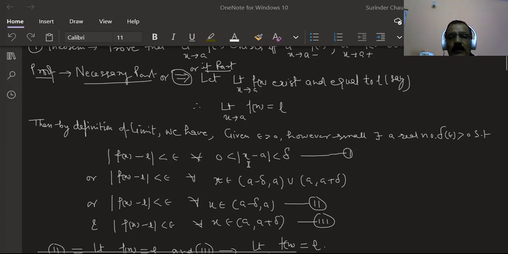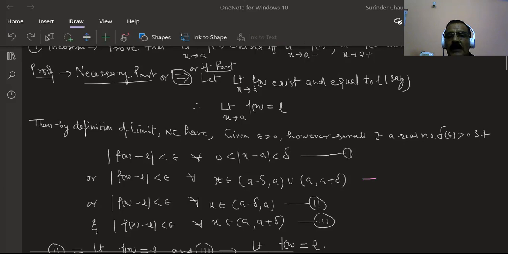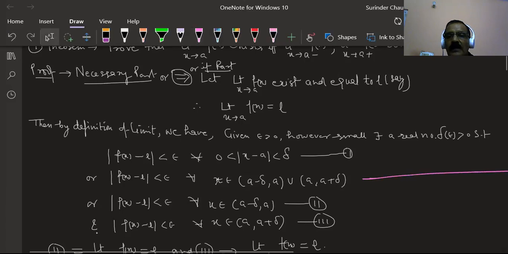If I draw the graph of this, this is delta, this is delta, this is the point a, this is a minus delta to a, and a to a plus delta.